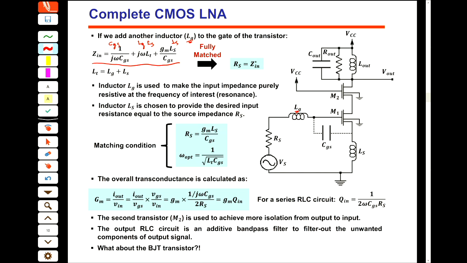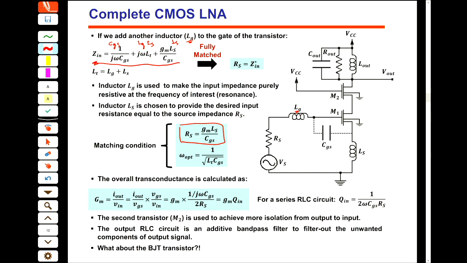So if I want to match this impedance with a source of Rs, then easily, I should put this equal to Rs, so the resistance part should be the same, and then these two also should resonate at our operating frequency.